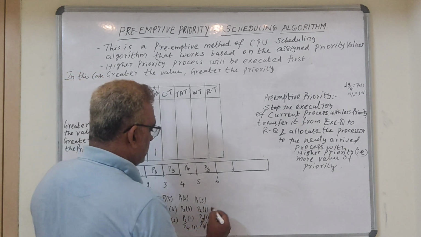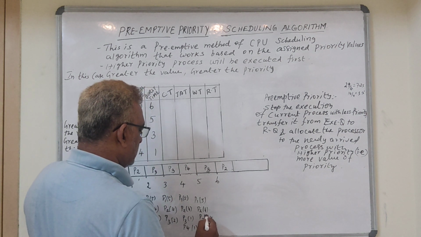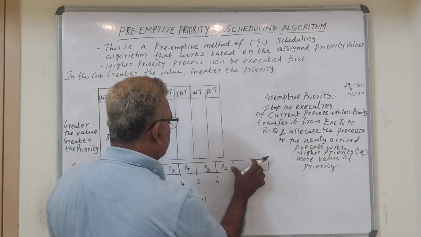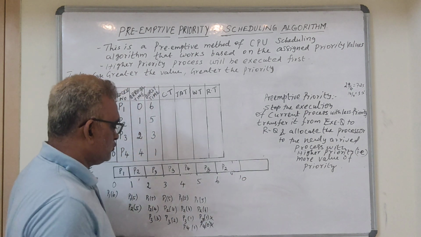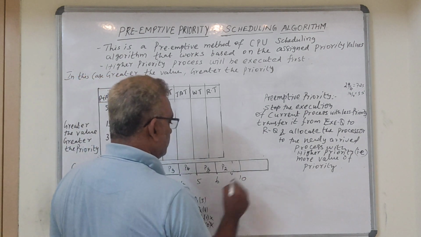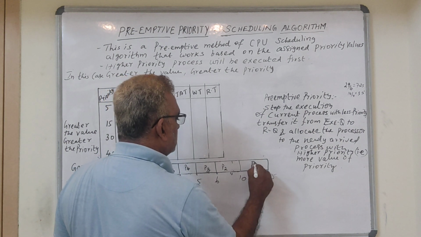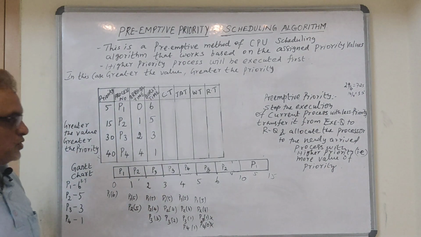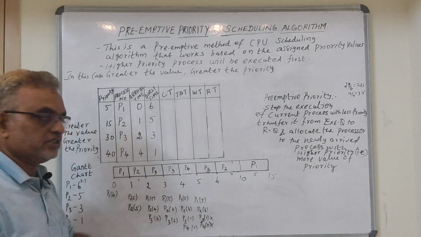P2 will get the processor and requires 4 milliseconds, so at 10, P2 is over. The remaining P1 requires 5 milliseconds, so at the 15th millisecond process 1 is over. This is how we can prepare this Gantt chart.